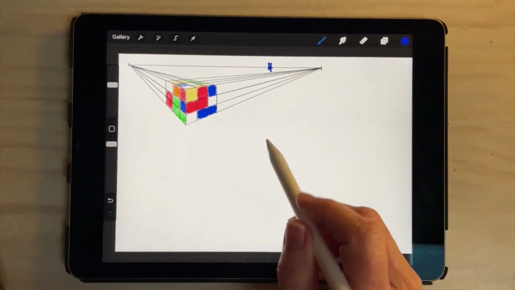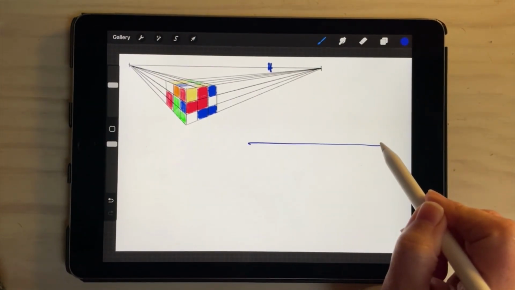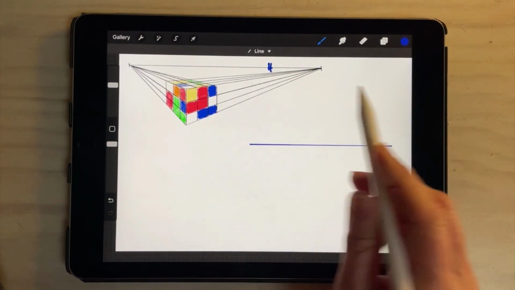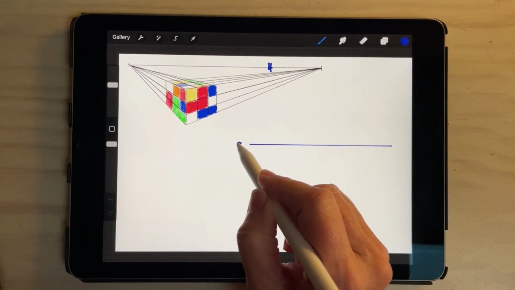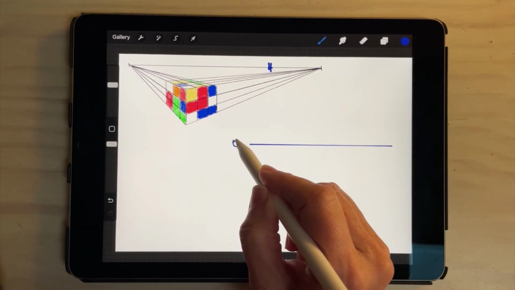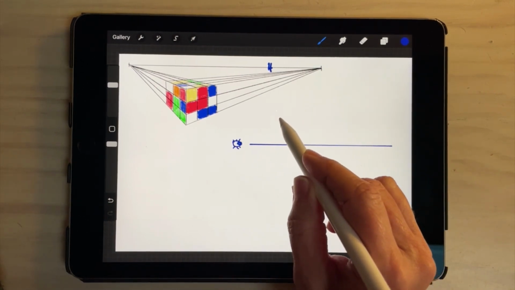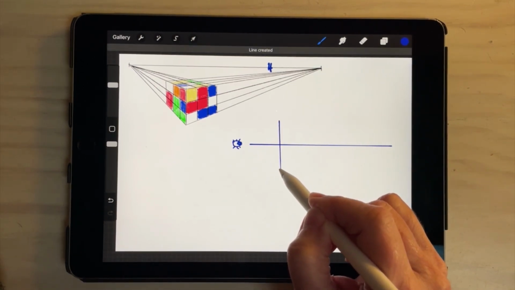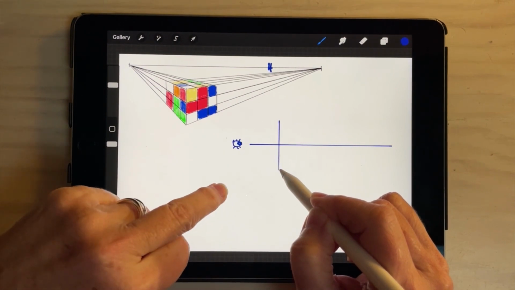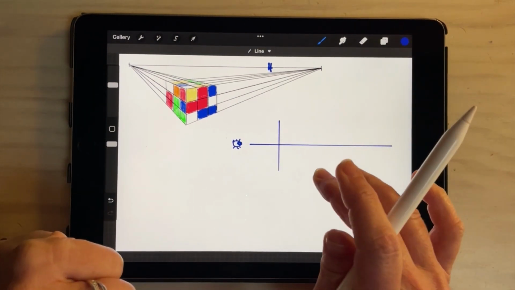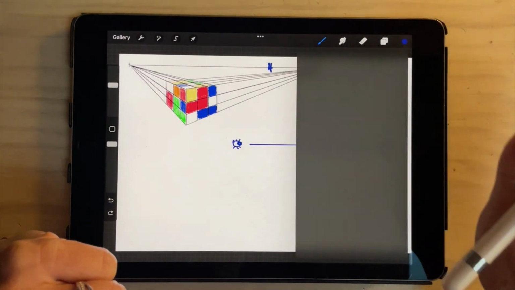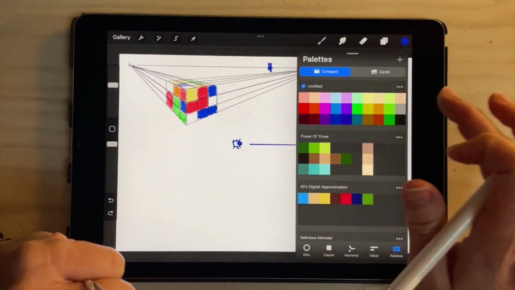That is where we are looking at the object from. So if we go and say, okay, well, let's put our horizon line halfway down the object. So this is going to be where my eye is looking at. You can see straight away I'm about to do a kite. So here, let's say this is the closest corner of my Rubik's Cube. Actually, let me just change to a different color so that we don't get muddled up.